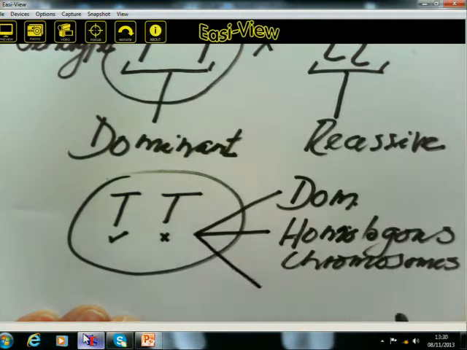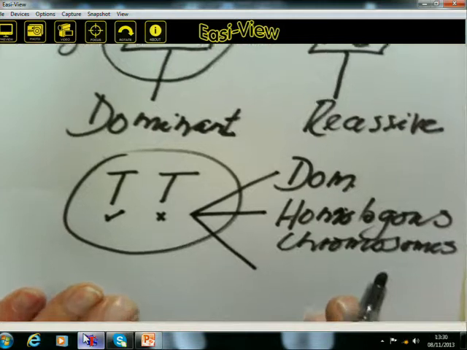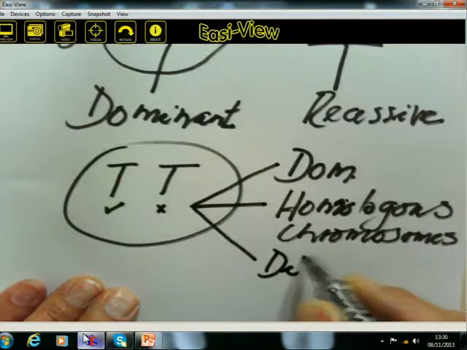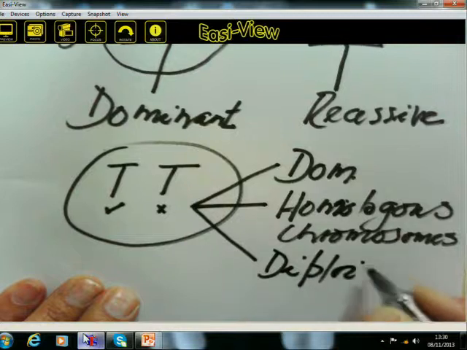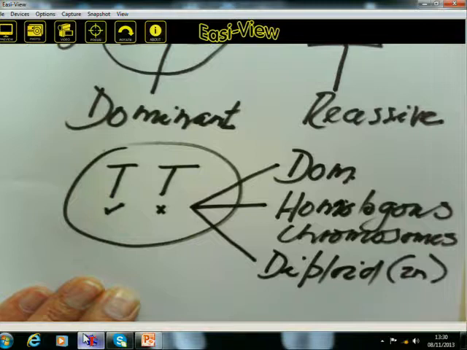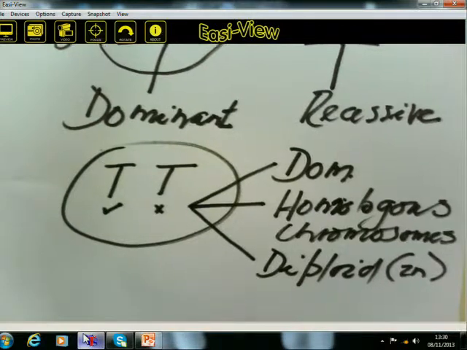But I also can say to you, because I give an indication of two, it represents the diploid number of chromosomes. So it is very important to note what information I can gather from the genotype.